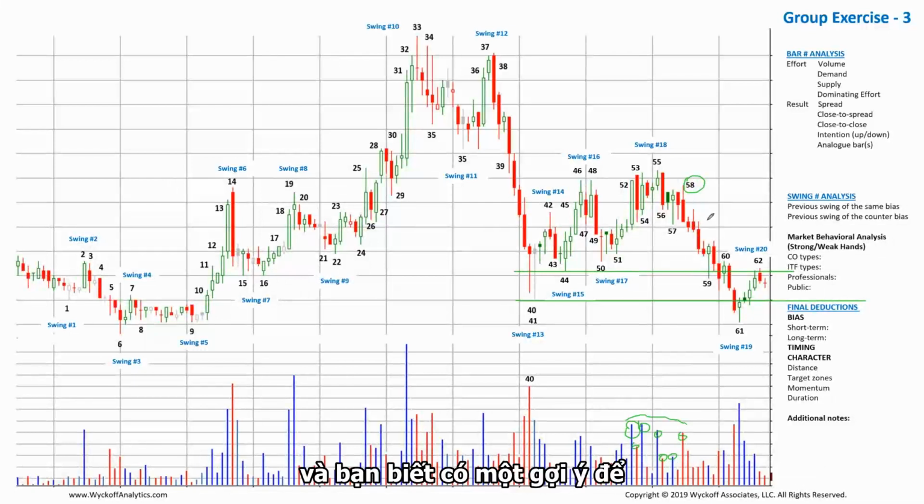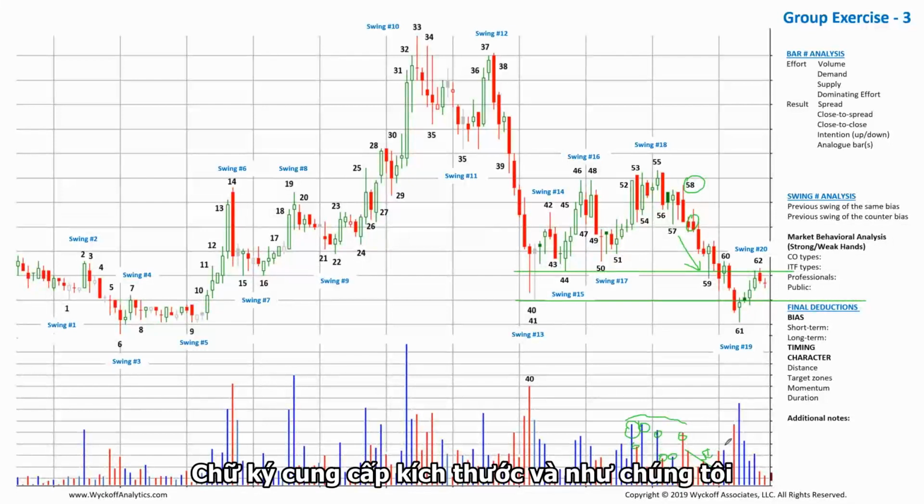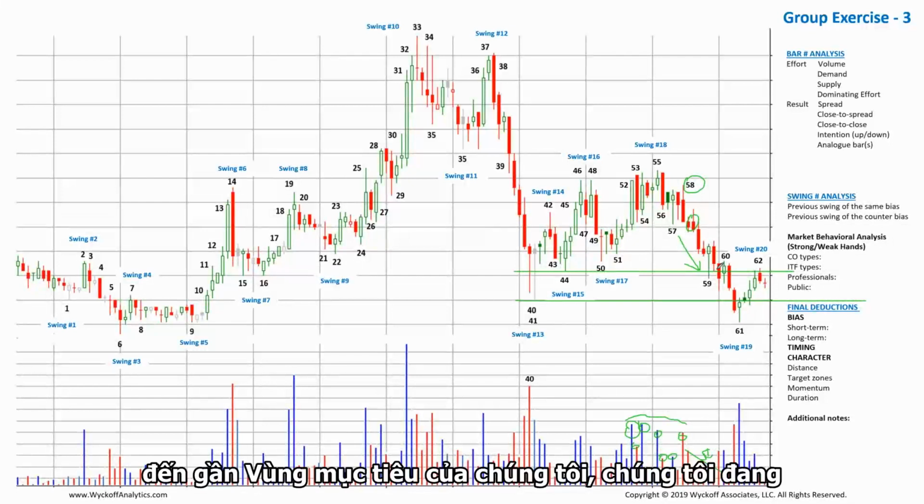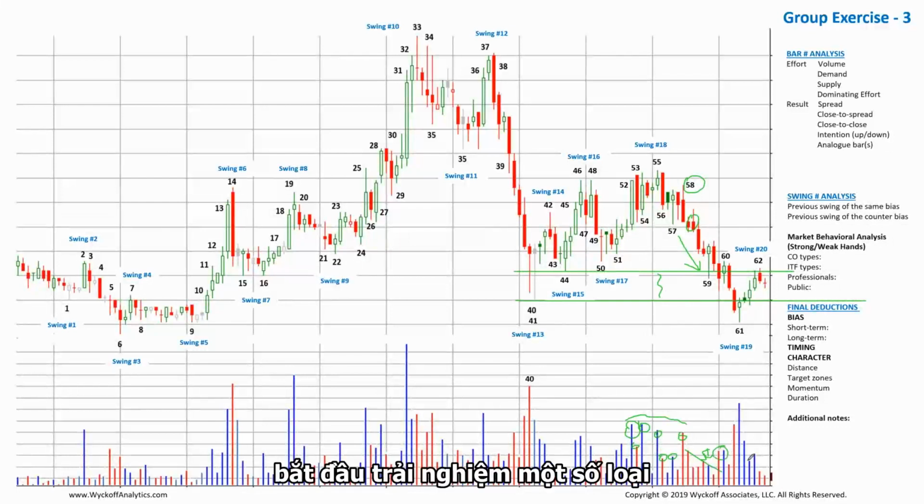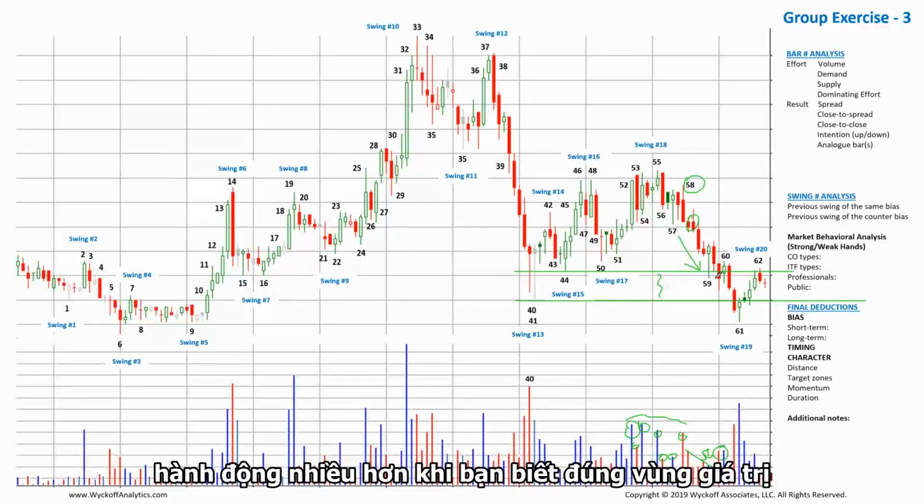And there is a suggestion to add right here, which we would. And then look at how the price moves to the downside, the characteristics. Diminishing supply signature, and as we come close to our target zone, we are starting to experience some kind of buying as the oversold zone acts more as a value zone right here.